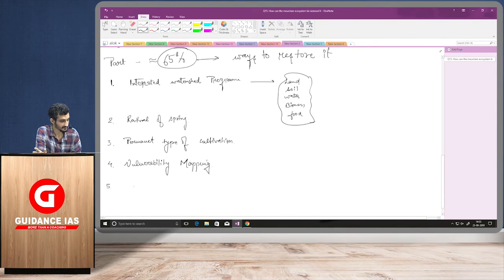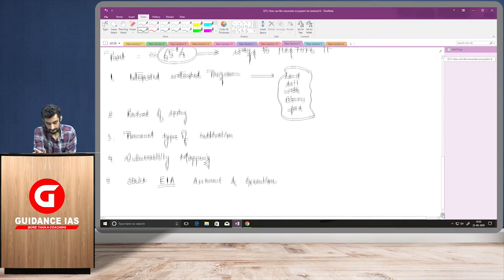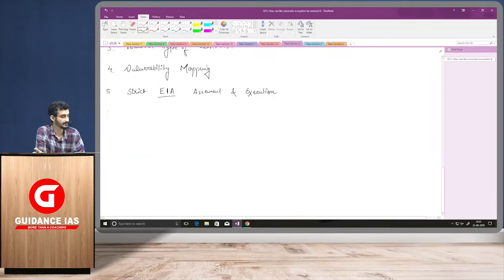Fifth is strict EIA, environment impact assessment, and execution. Then searching for alternate livelihood measures.